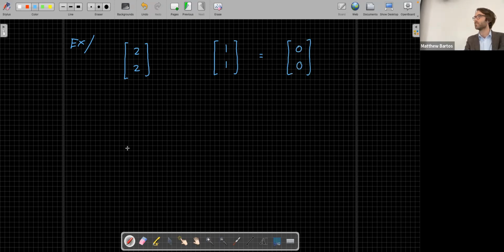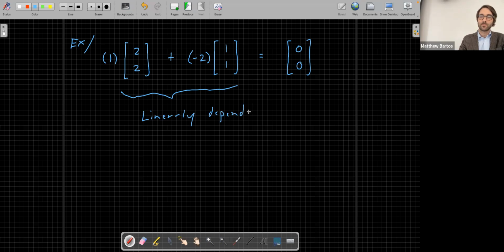So what are two coefficients we can scale these by and add them together such that we get the zero vector? Yeah, so we could add 1 times (2, 2) plus -2 times (1, 1), right? Because we can find coefficients, not all zero, such that when we scale them and add them together we produce the zero vector, this means that these two are linearly dependent. Okay. So in the context of 2D space, this would mean that your vectors are collinear.